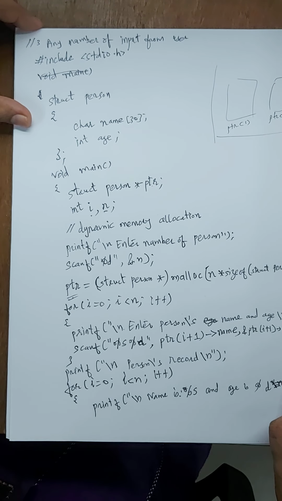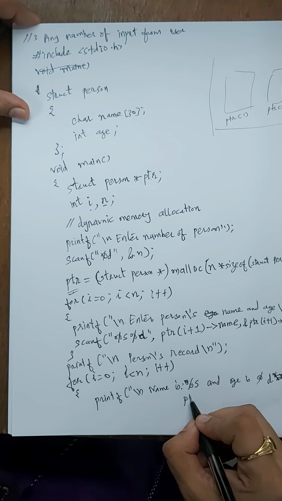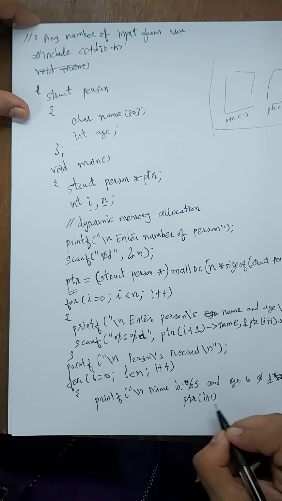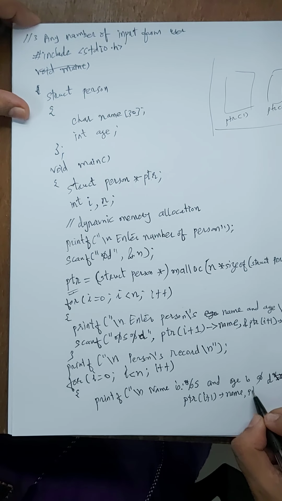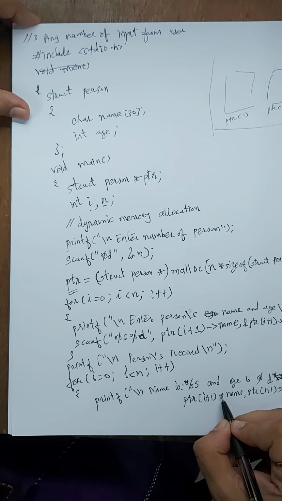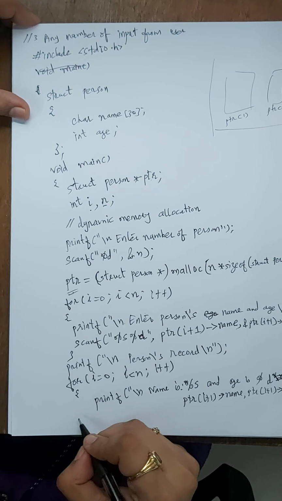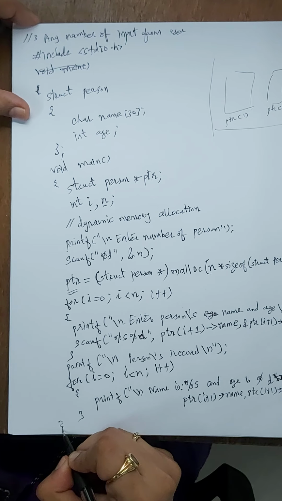So complete this inverted comma, and then now the variables. For name it is what? ptr i plus 1 arrow name, comma, ptr i plus 1 arrow age. Fine. So that's it. It's done. Close the for loop and close the main.